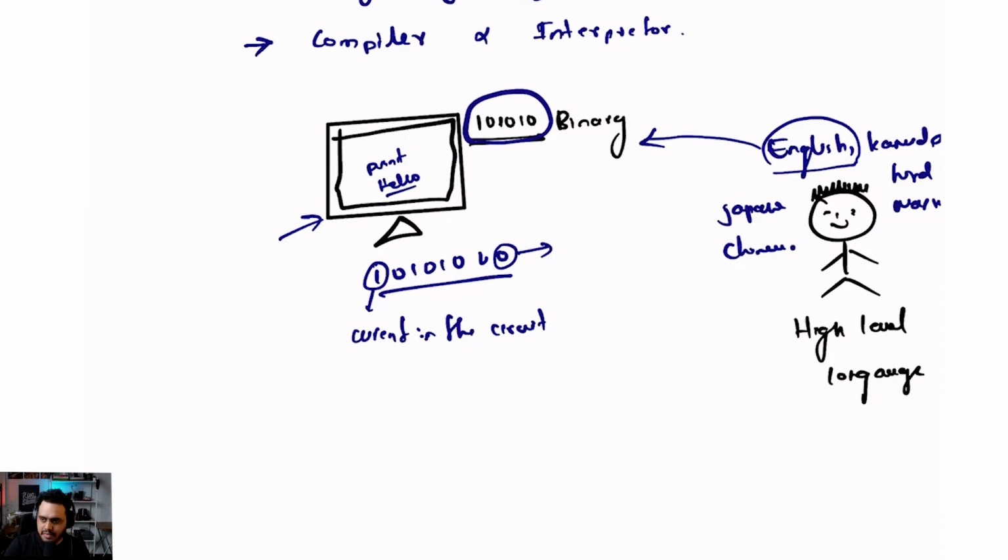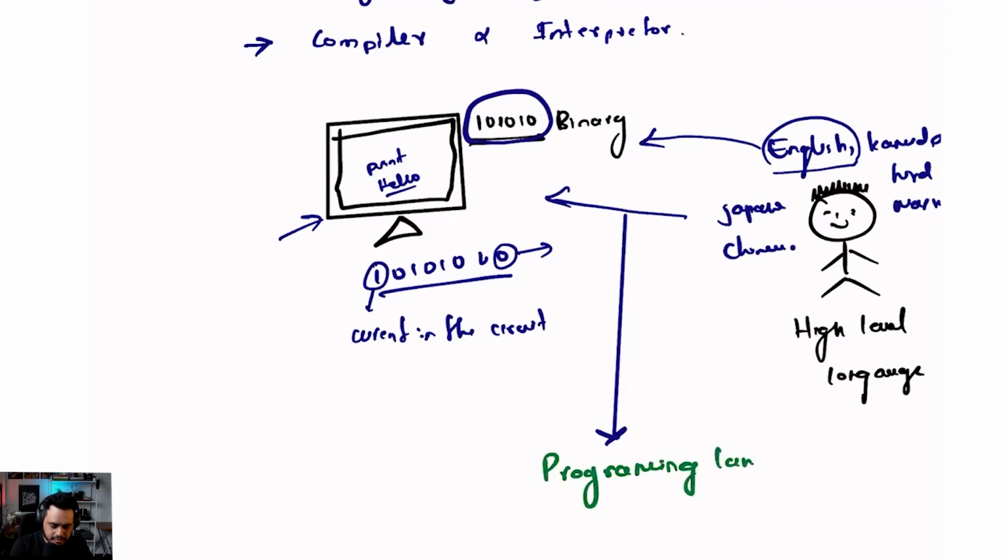So we need something in between, so that I can tell this computer, hey bro, do this. Now to bridge this gap, in between, we have something known as a programming language.